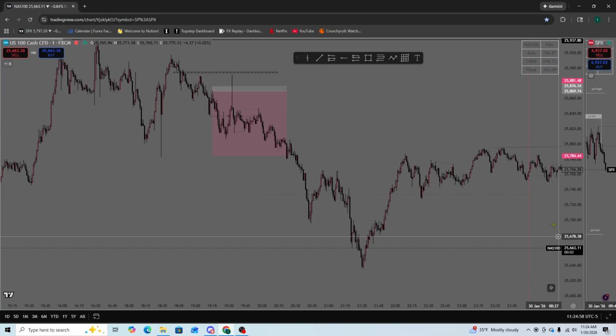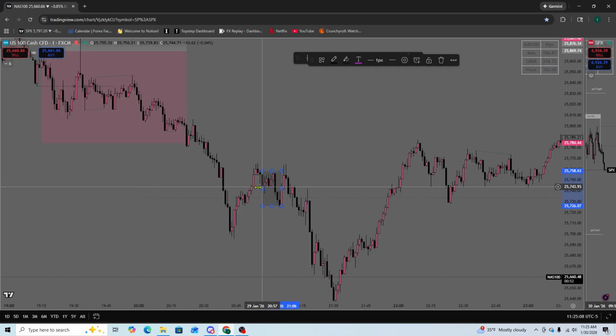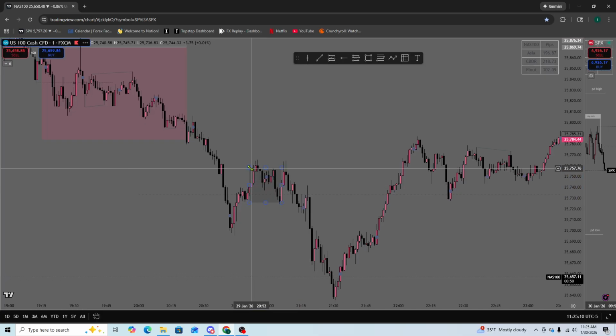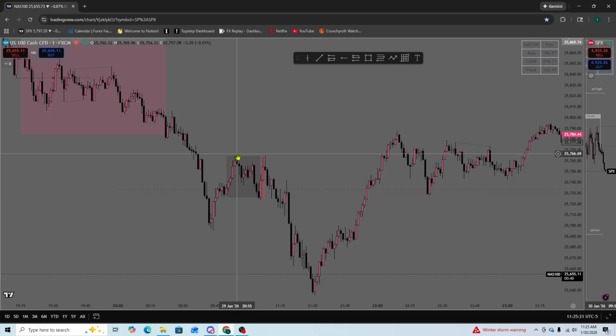All right, here we go. All right, we see our consolidation right here. All right, we see our manipulation leg here. Now, it didn't sweep this high.